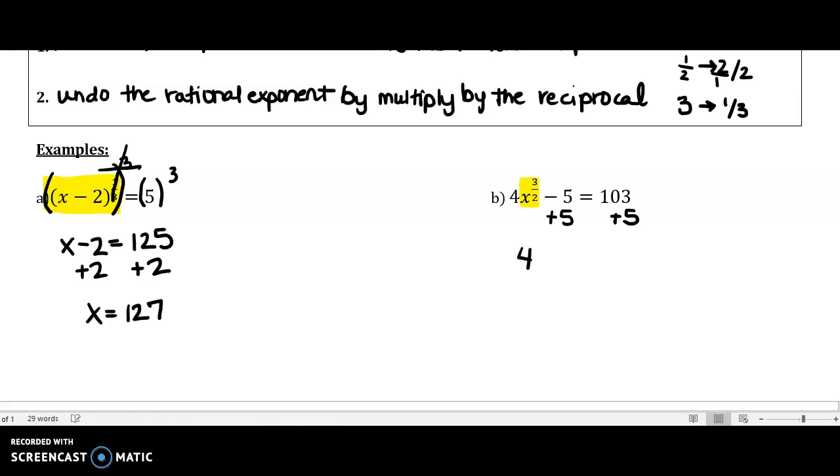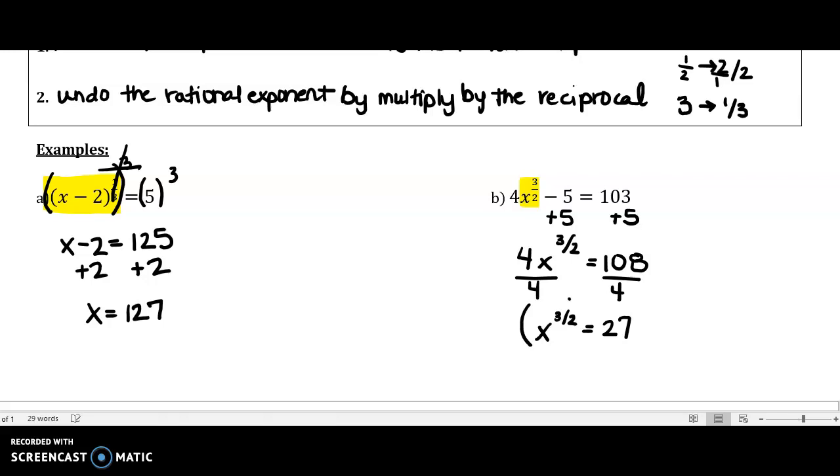Get 4 times x to the 3/2 power equals 108. Divide by 4. Get x to the 3/2 equals 27.